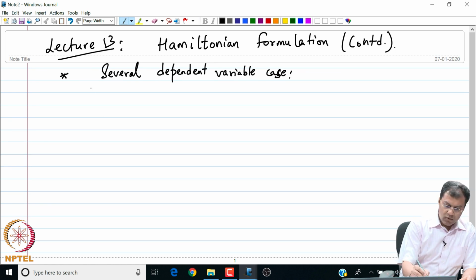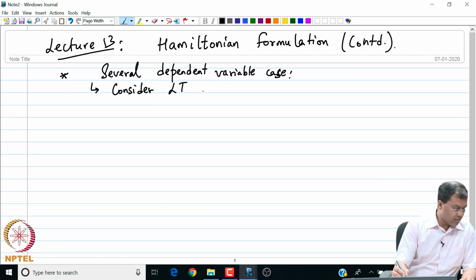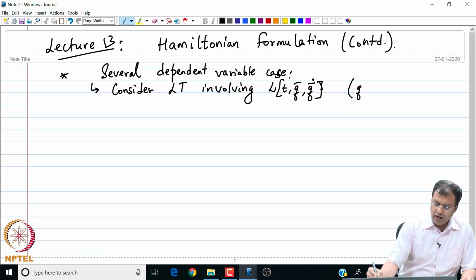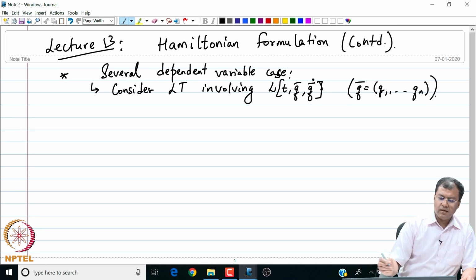Let us consider a Legendre transformation involving the Lagrangian of the form L of t comma q bar dot, where my vector q bar is q1, q2, up to qn.